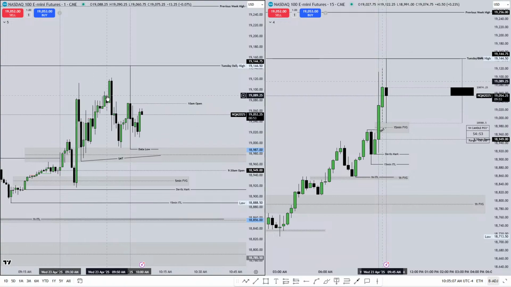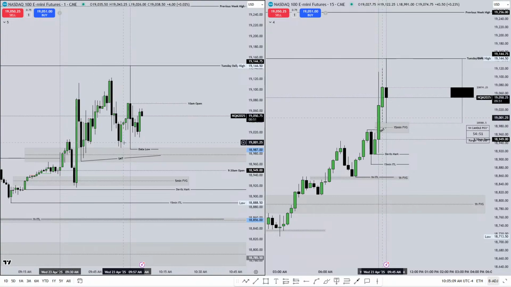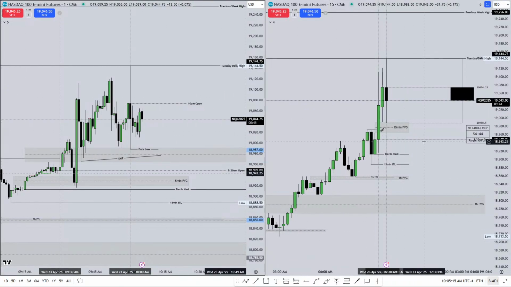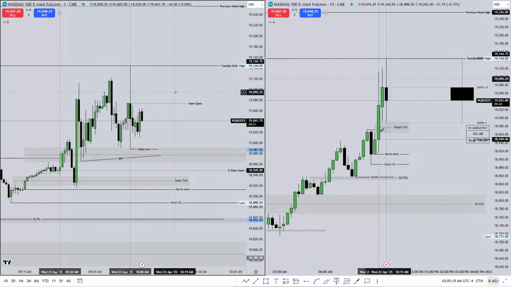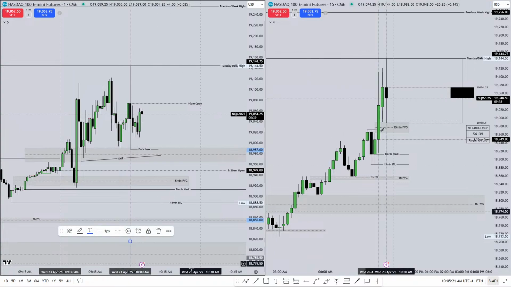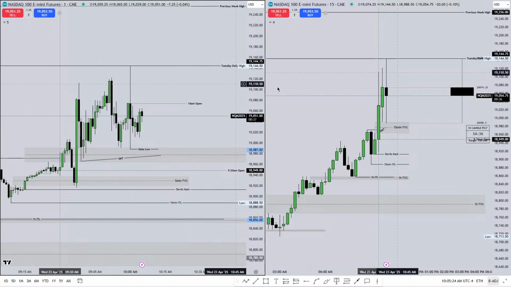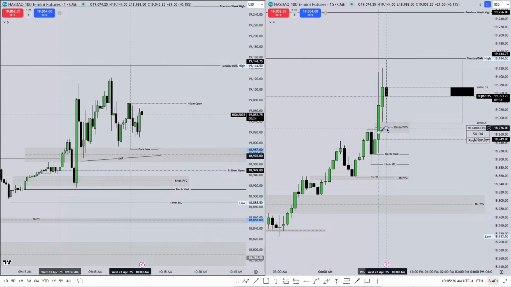No imbalances made besides right here. And we can make a case for both buy side and all this sell side getting taken. So that's how I can really tell if it's likely to be an uneventful day.